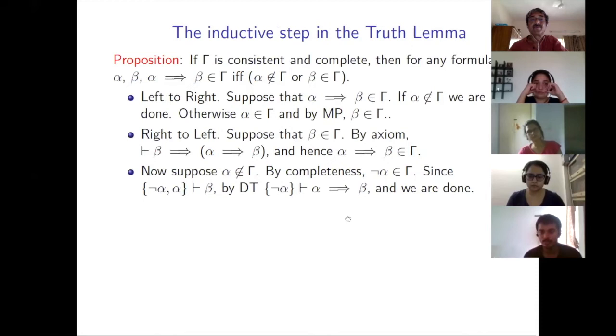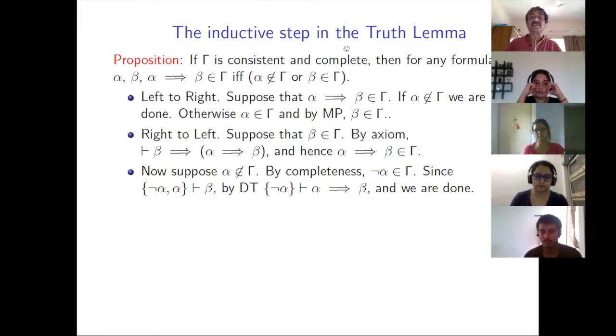And now, there is another crucial step in the inductive step in the truth lemma. What was that? We needed to show that in the model, a formula is true if and only if it is in the consistent and complete set. So that involves a closure property.